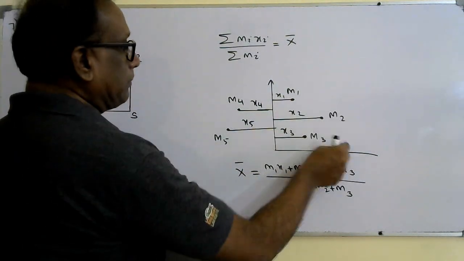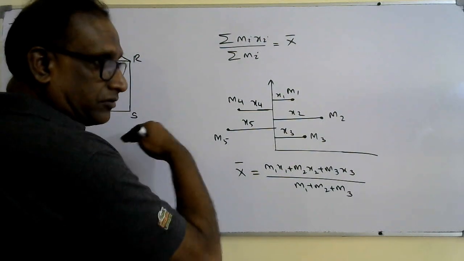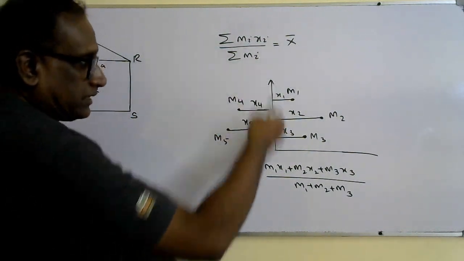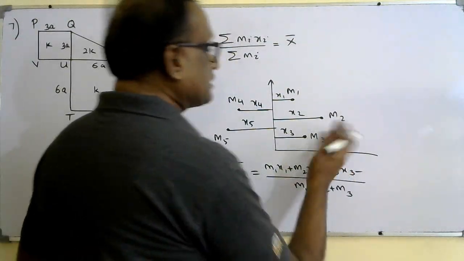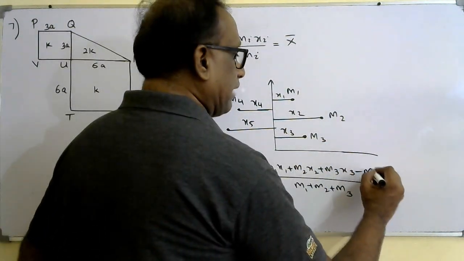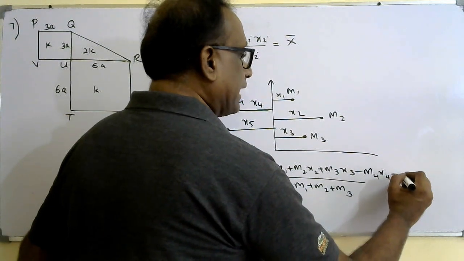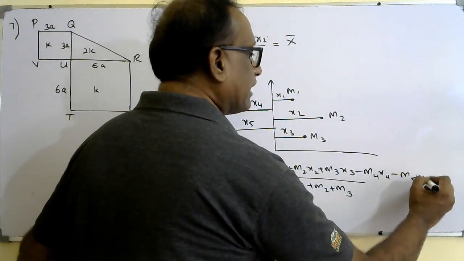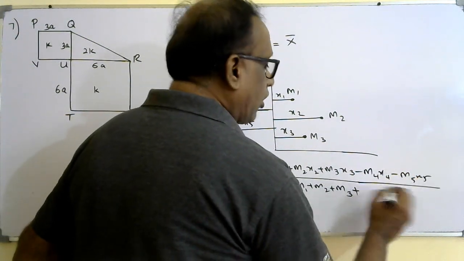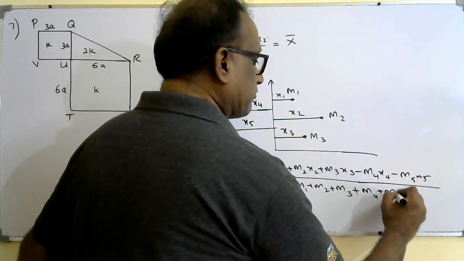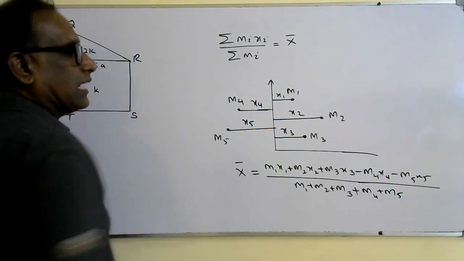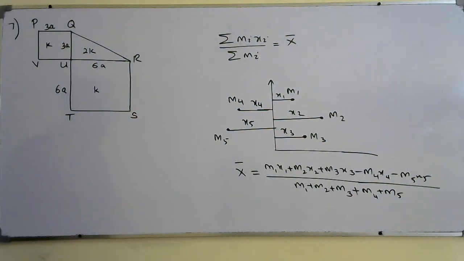There are two particles on the left side of the y-axis, so there I should put minus, because they are in the opposite direction: minus m4 x4 minus m5 x5, over all the masses added, m1 plus m2 plus m3 plus m4 plus m5. Remember that. If the particles are on either side, we have to put a minus sign also.